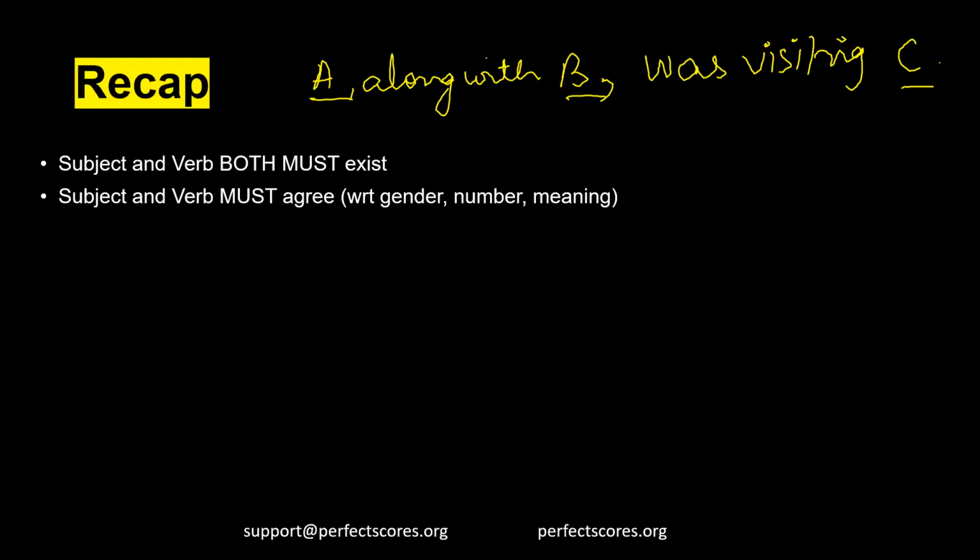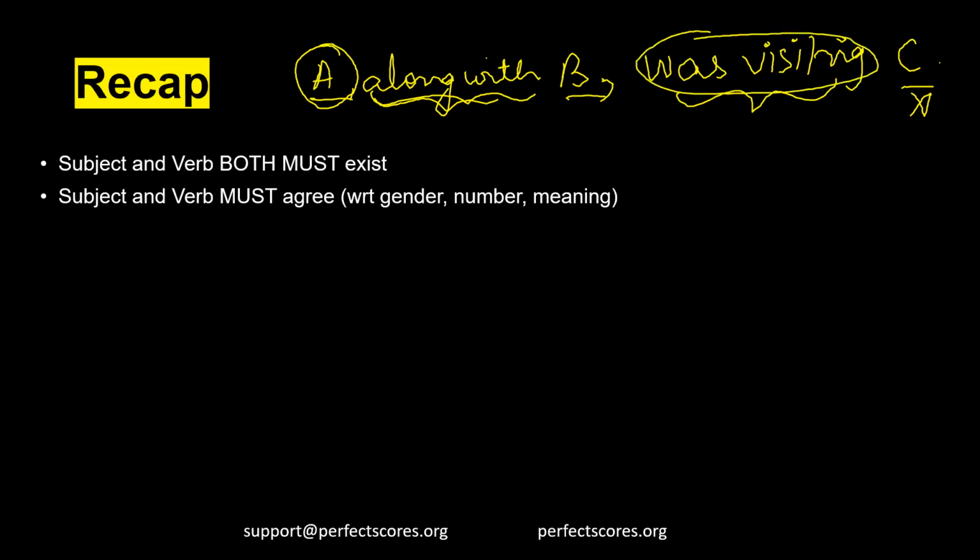In a short sentence, it's quite clear that we are definitely not using "was visiting" for the C. But it's not so clear whether we're talking about A or we're talking about B. So there's a special rule about words like "along with", which means that you always need to look at the noun which is before this particular phrase. So it does not matter whether B is singular or plural, male or female. This verb must agree with the subject at the beginning of the sentence. So I'm going to cover that rule over here.